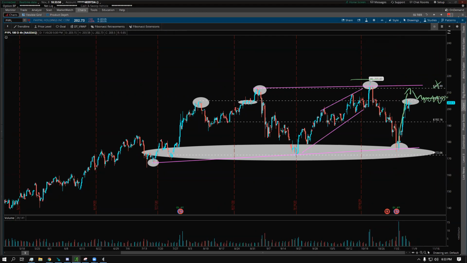But I wouldn't get in just yet, because right now a stock being overbought is a sign to sell, and we have no confirmation of finding support at that 205 level. So until we can get at this level and hold in a range, I'm not going to be bullish on PayPal. As a matter of fact, I'm pretty bearish on PayPal, because the second we cross that line, we're likely going straight back to 192 long term, right?